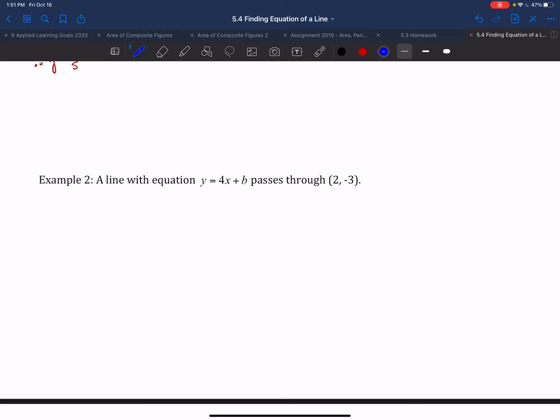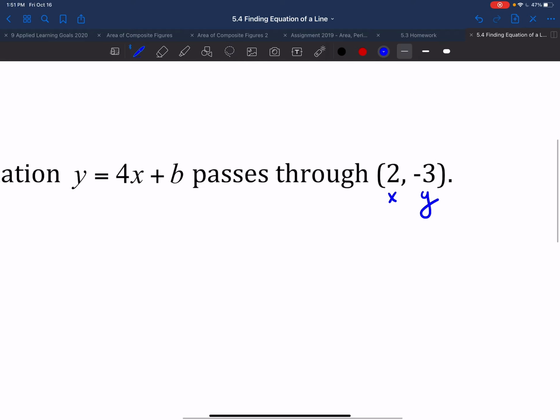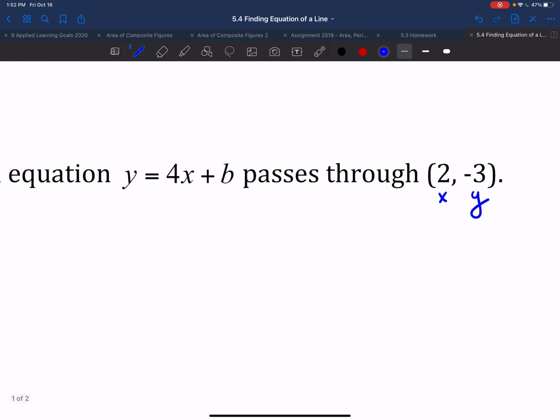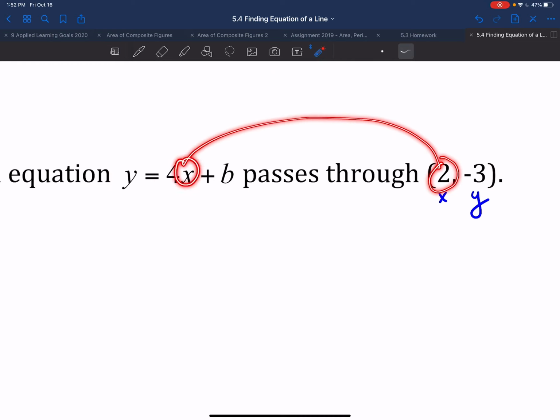Since it passes through that point, and this is an x value and that's a y value, that's on this line, y equals 4x plus b, I can then take that y, substitute it there, and take the 2 and substitute it there, and then we can solve for b, because then we'll only have one thing that we don't know.